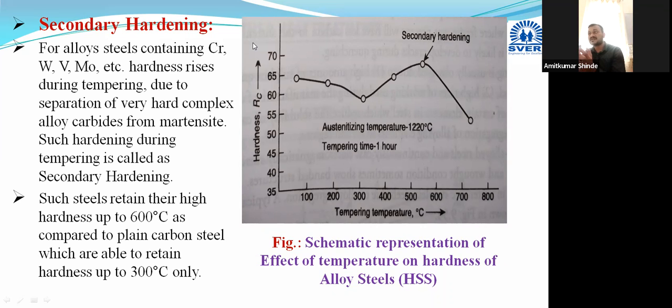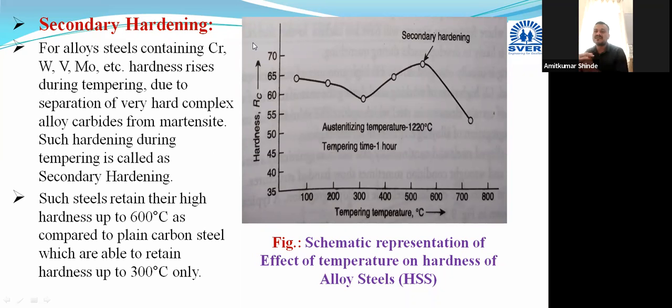During martensite transformation only, the tempering process will occur without any specific heating cycle or cooling cycle. That will be termed as auto tempering. Okay, auto tempering. During the martensite transformation, tempering will also occur. That will be termed as auto tempering.